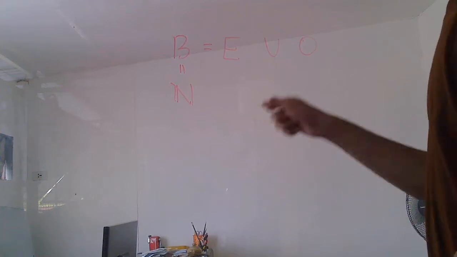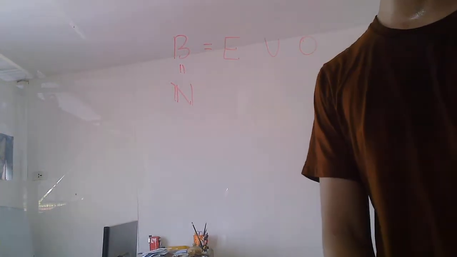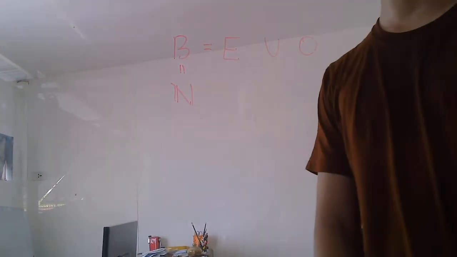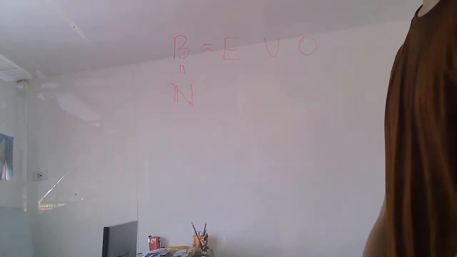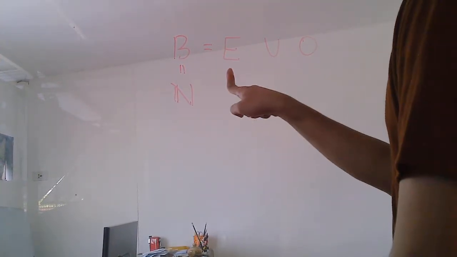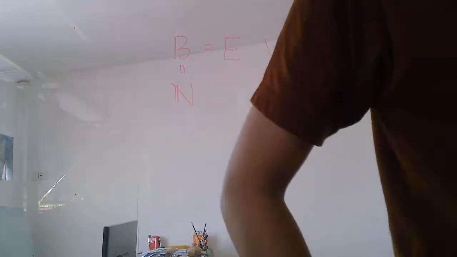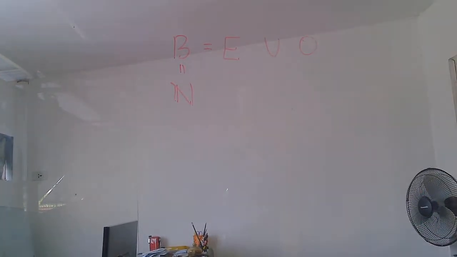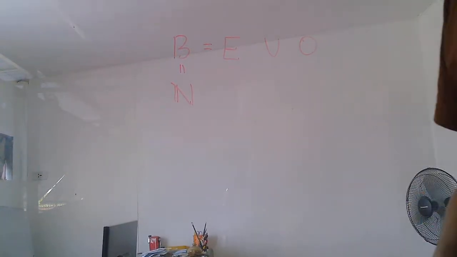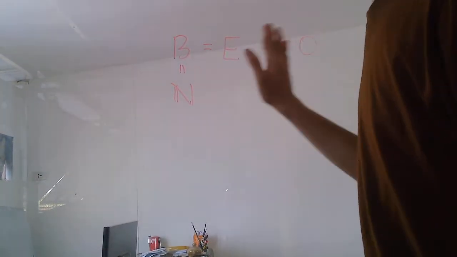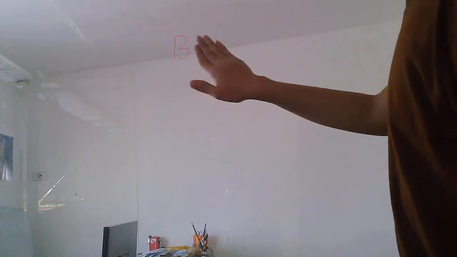And the odd numbers are 1, 3, 5, numbers that are not divisible by 2. So we can express this as a union of these two sets, the natural numbers.